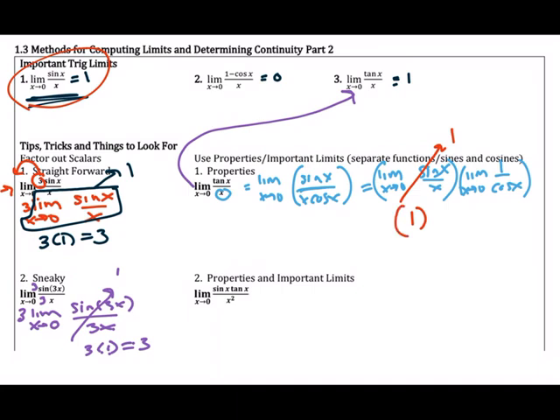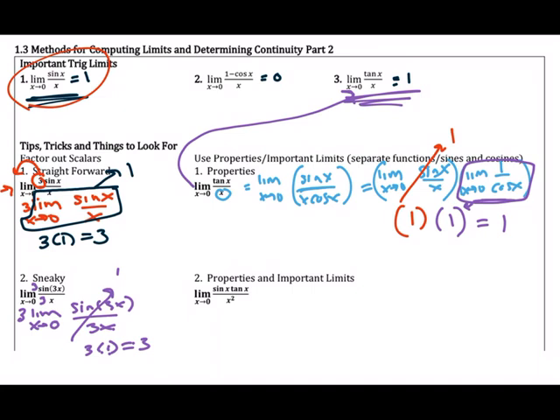I can use direct substitution on this limit because cosine of 0 is, sorry, cosine of 0 is positive 1. So if I just evaluate this limit using direct substitution, I get 1. And 1 times 1 gives me 1, which is what this identity up here had showed us as well.